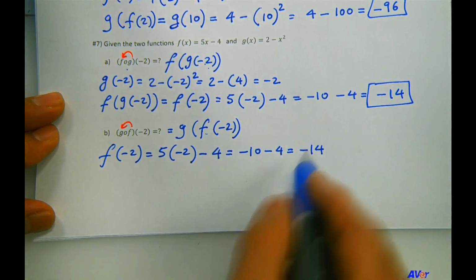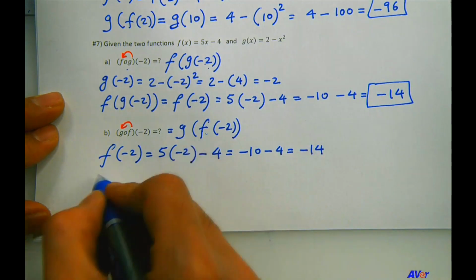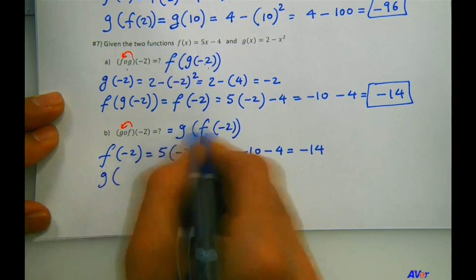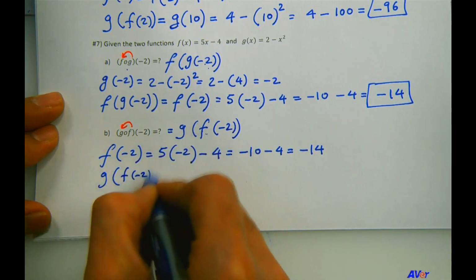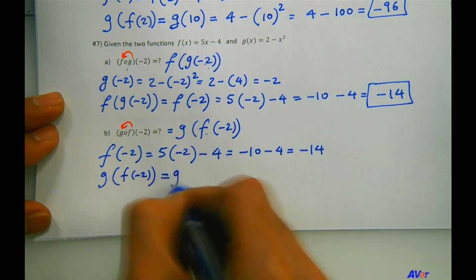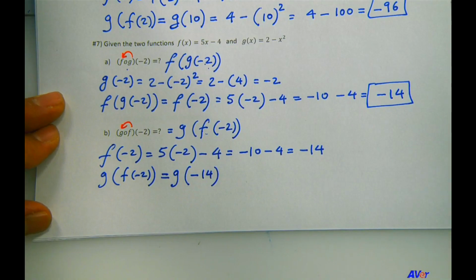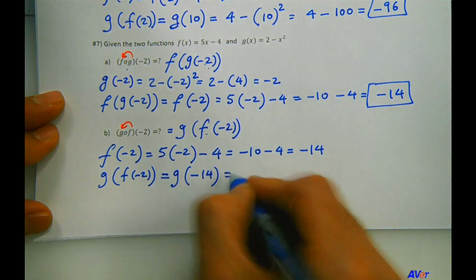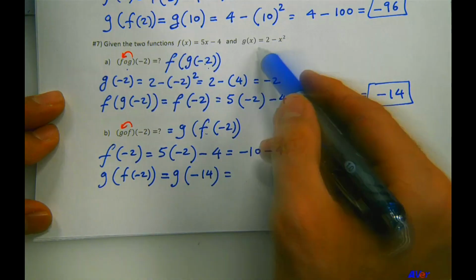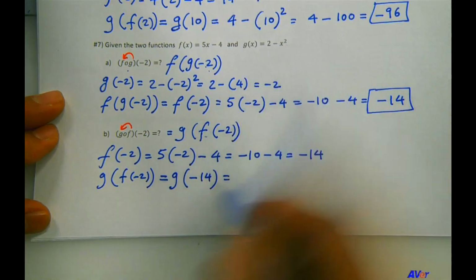Okay, negative 14. Now, g composition of f at negative 2 is equal to g at negative 14. I hope you're following what's going on here. In g, we're going to replace x with negative 14.